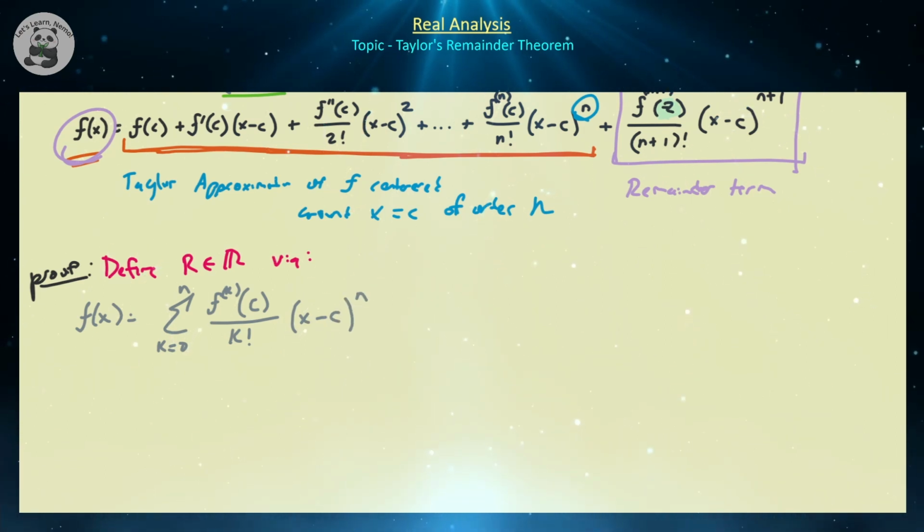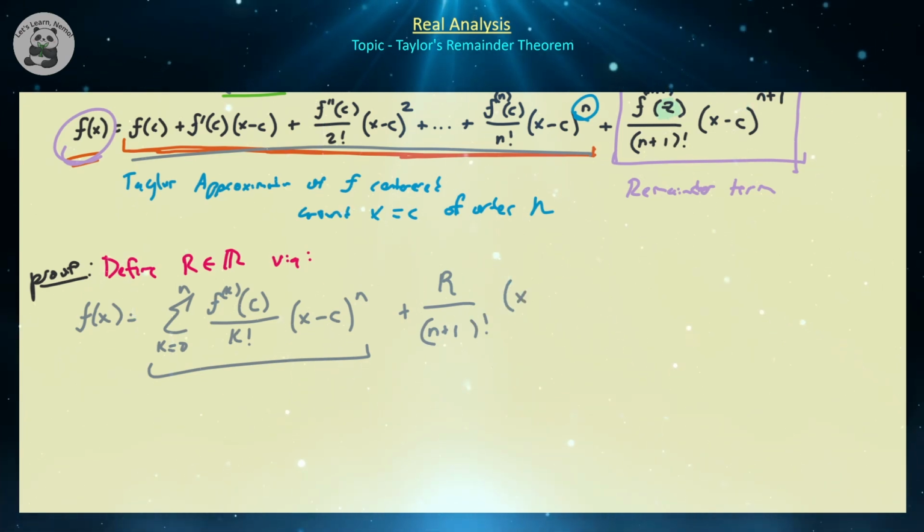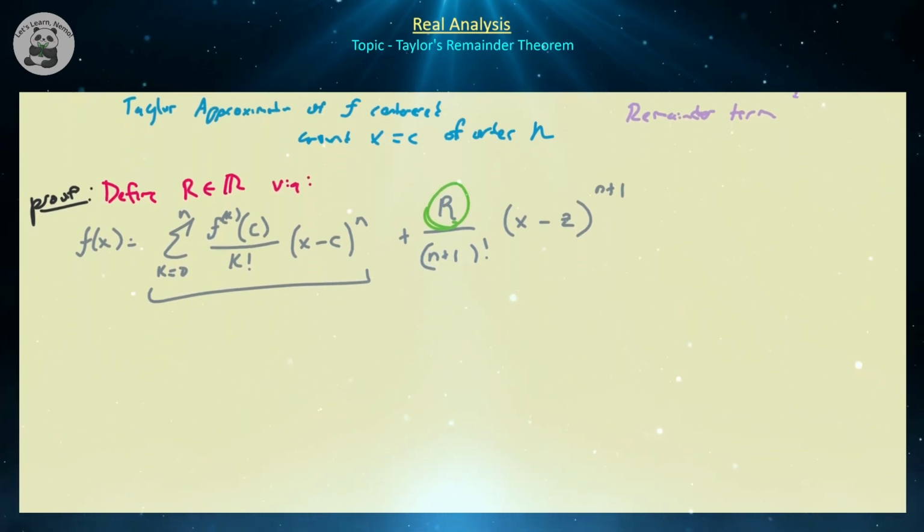So this is just the first part of our theorem, and then we're going to have plus some number r all over (n+1) factorial times x minus c to the power of n+1. Our goal is to figure out what exactly this r needs to be in order for this statement to be valid. So let's see what we can get here.